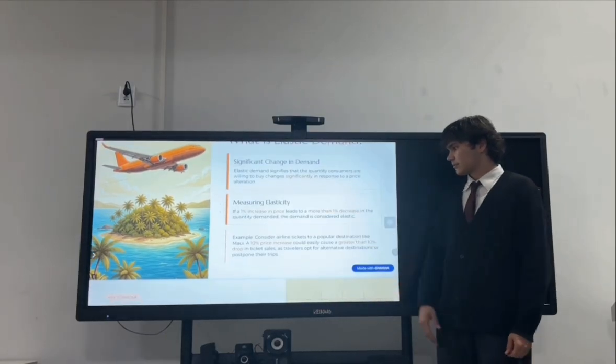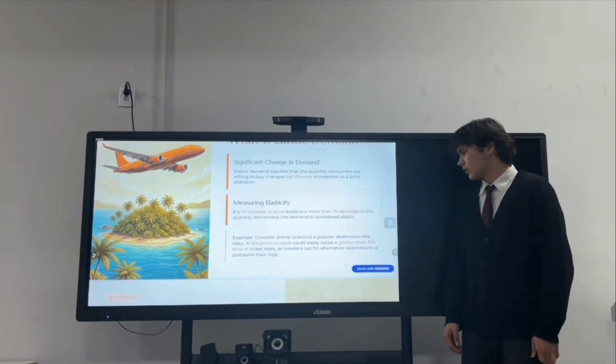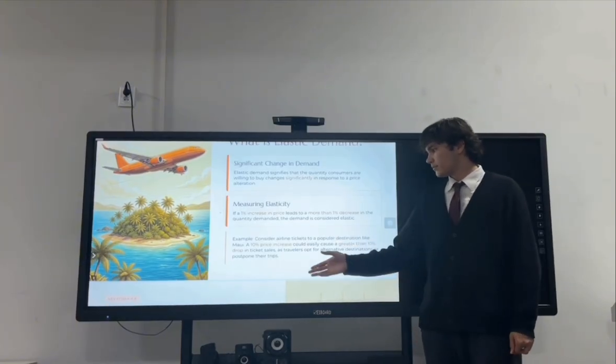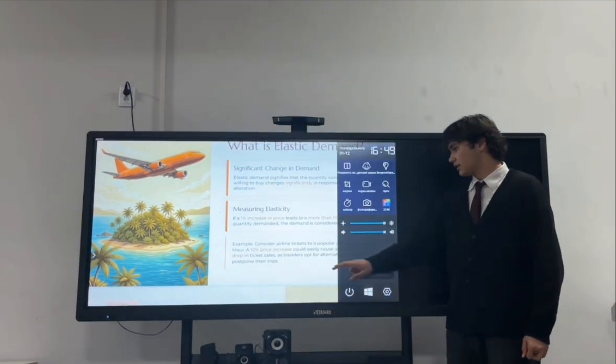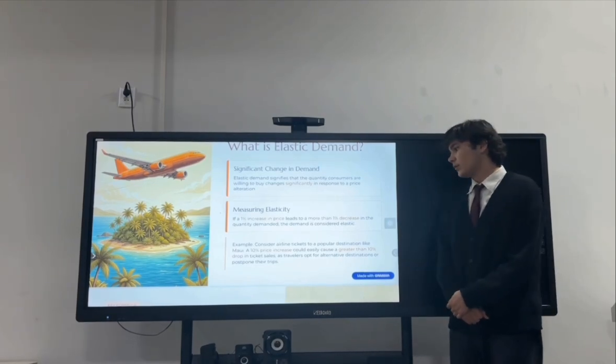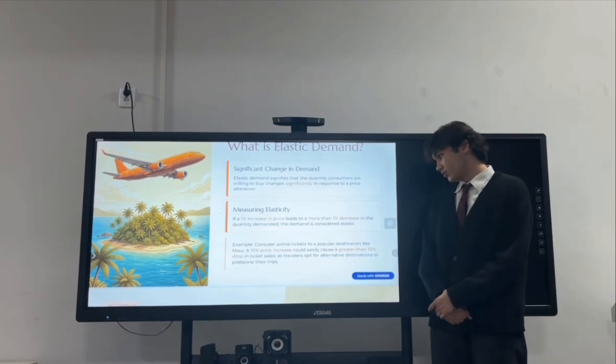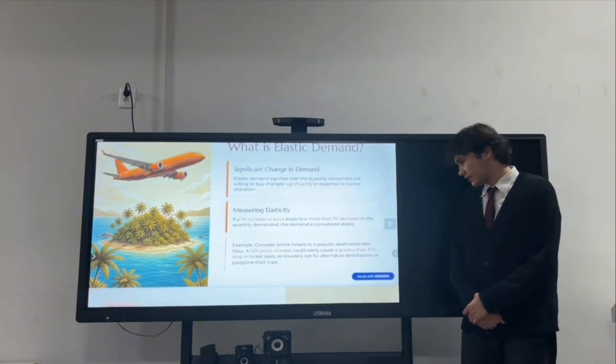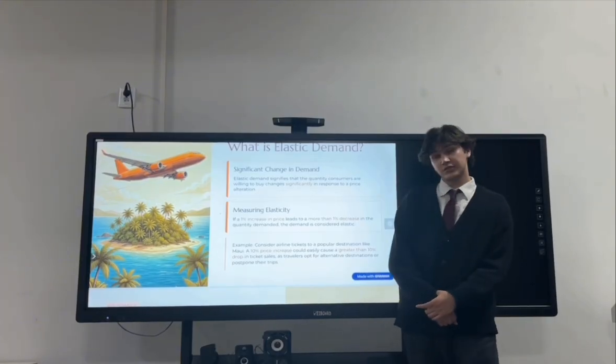Here's an example. Consider airline tickets to a popular destination like the Maldives. A 10% price increase could easily cause a greater than 10% drop in ticket sales as travelers opt for alternative destinations or postpone their trips.